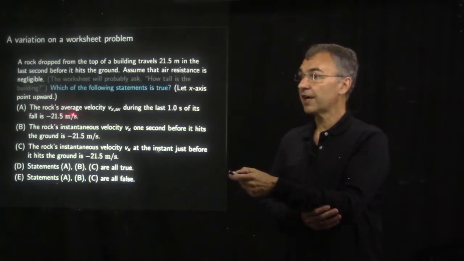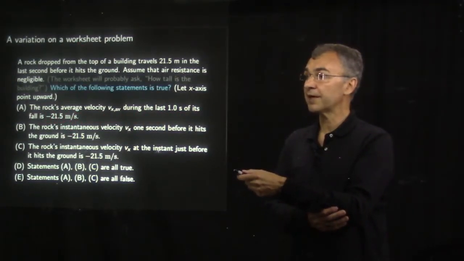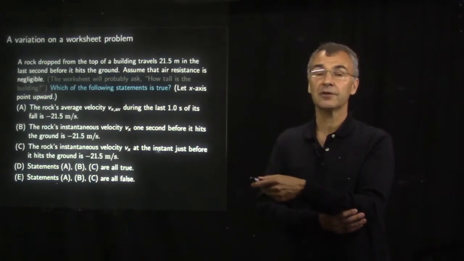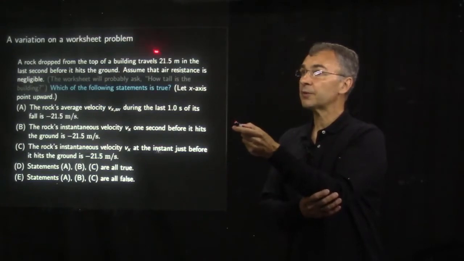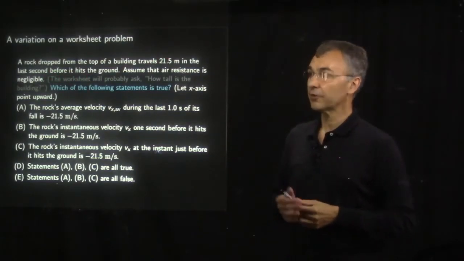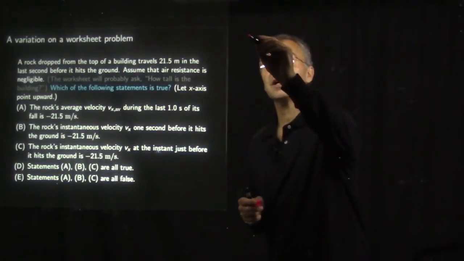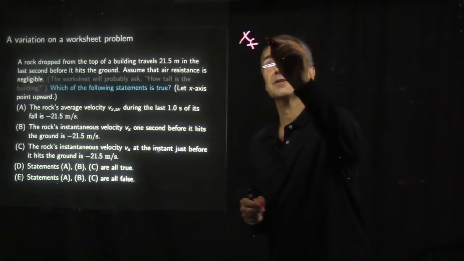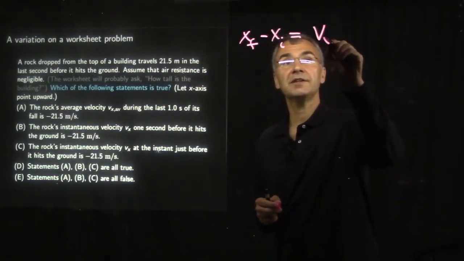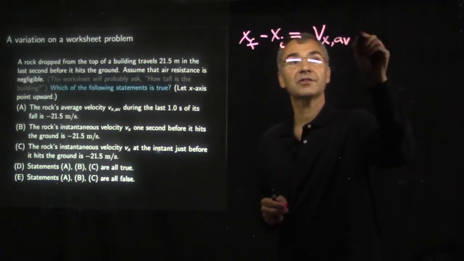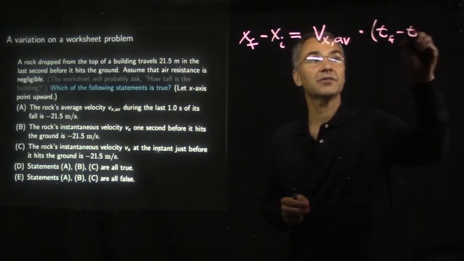Is the rock's average velocity during the last 1 second of its fall minus 21.5 meters per second? So is that a true statement? Well, it travels 21.5 meters in the last second before it hits the ground. And I think you could say that x final minus x initial is Vx average times t final minus t initial.